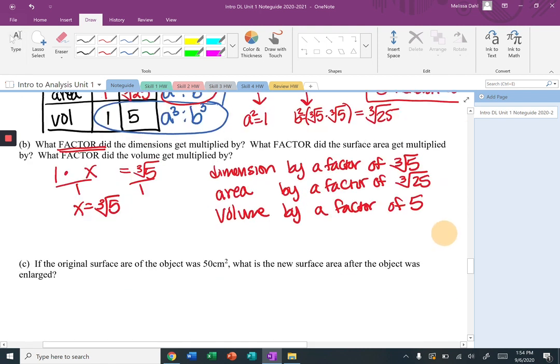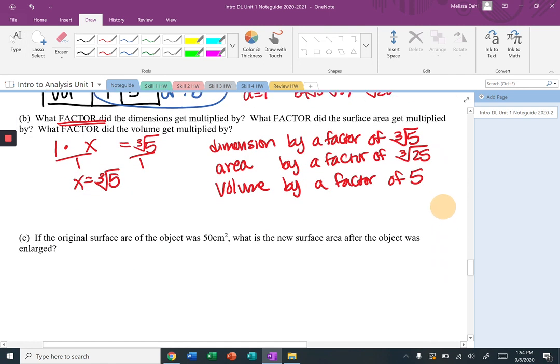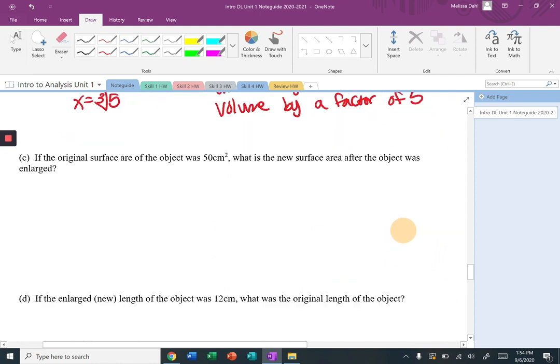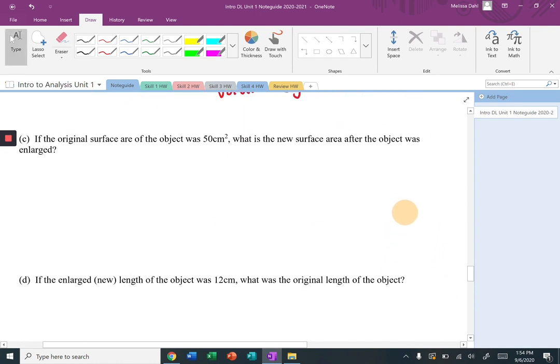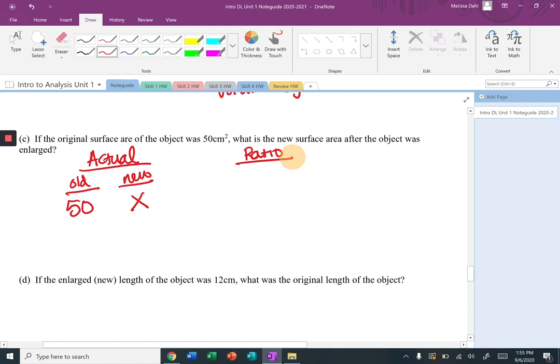All right, the next one says if the original surface area of the object is 50 centimeters squared, what's the new surface area? So they are giving you some actual measurements. Remember, you want to divide them up old to new. So they're telling you the original or the old was 50, and your job is to find the new. And then you want to look back at your ratio chart and see what ratio you're dealing with. This was specifically for area, and the ratio there was 1 to the cube root of 25.